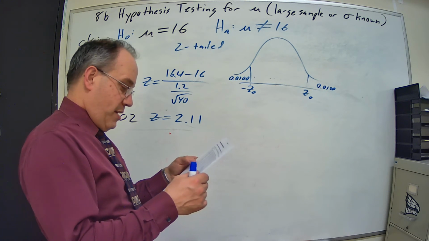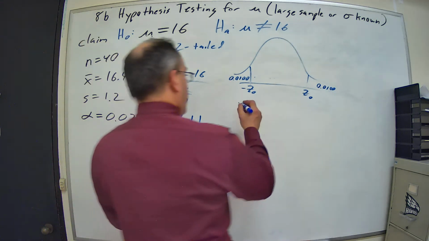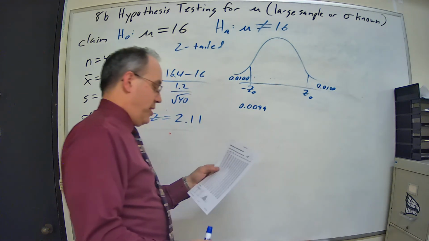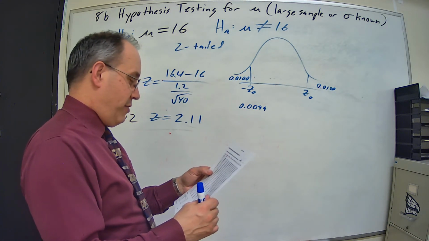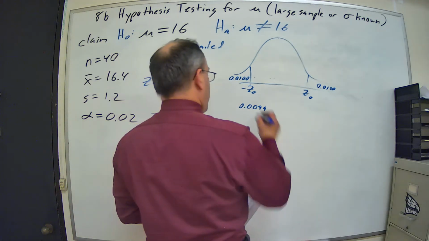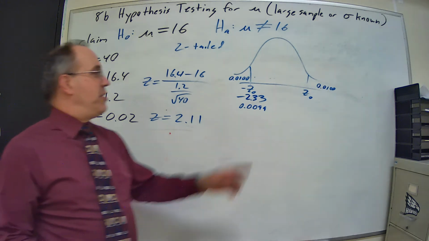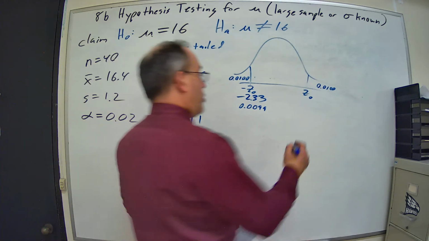I come out with 0.0099. So that's just one off. And that is negative 2.33. And then if that's negative z sub 0, then positive z sub 0 is just positive 2.33.